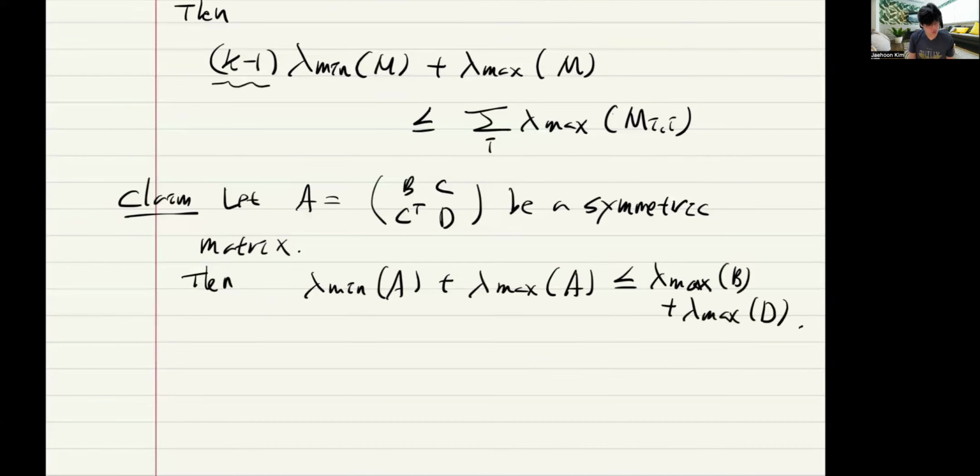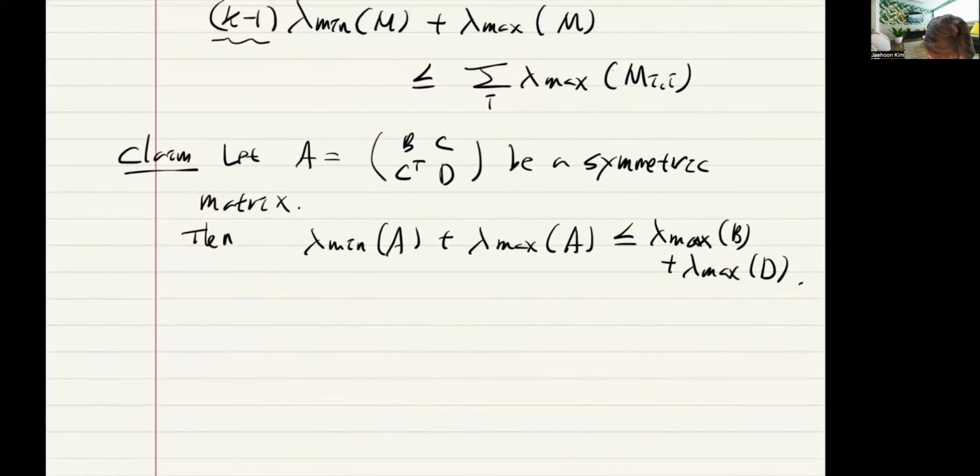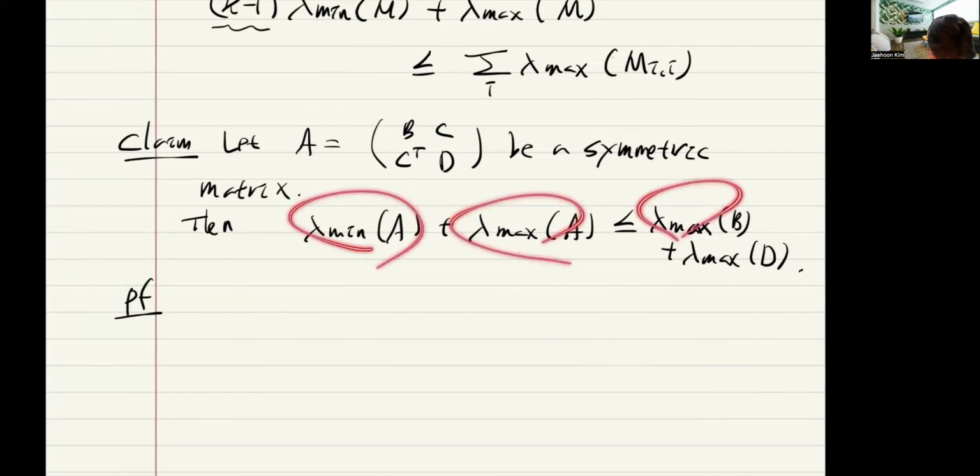Let's prove this claim first. Again, we want to use the Rayleigh quotient to prove this. These eigenvalues, using the Courant-Fisher theorem, correspond to the Rayleigh quotient of a certain eigenvector.